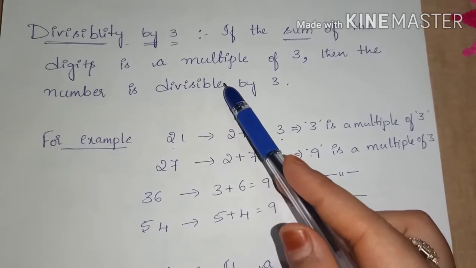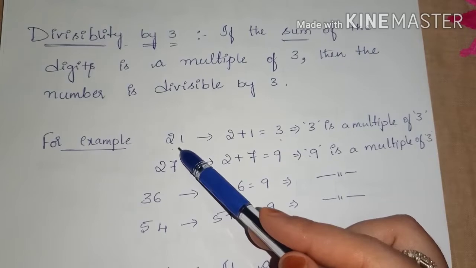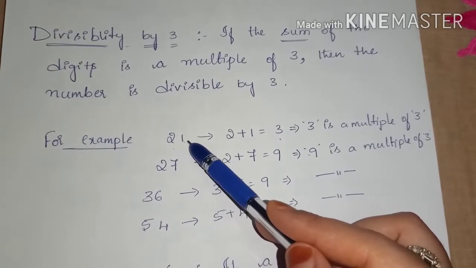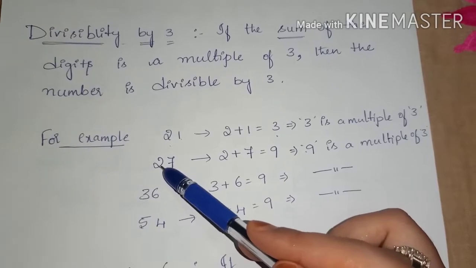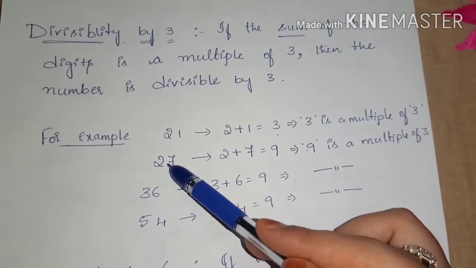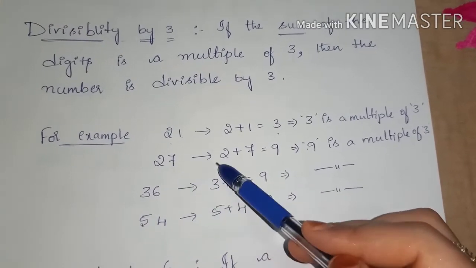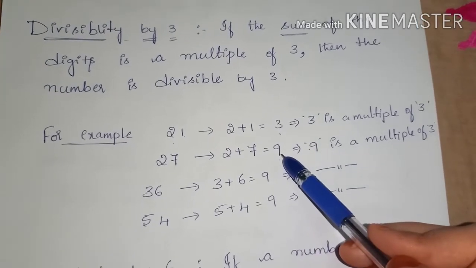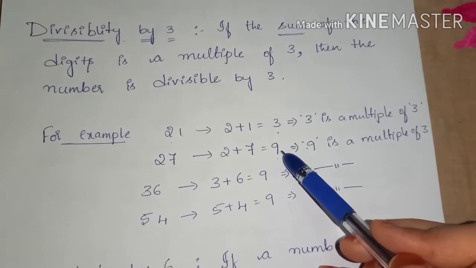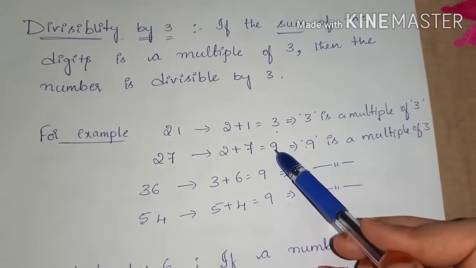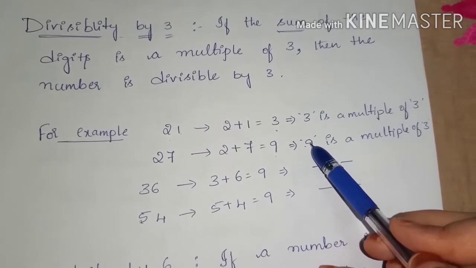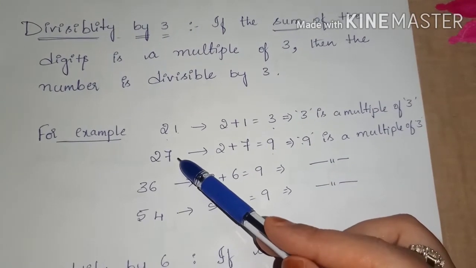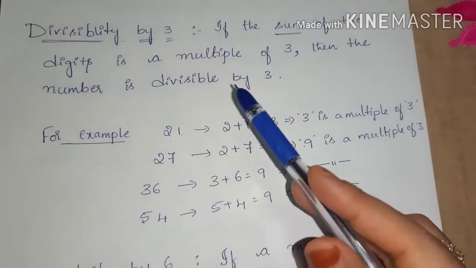To check the divisibility by 3, you should add the digits of the given number. So, the next example, 27. You should add both the digits. 2 plus 7 is 9. 9 is divisible by 3 because 3 ones are 3, 3 threes are 9. Hence, 27 is also divisible by 3.